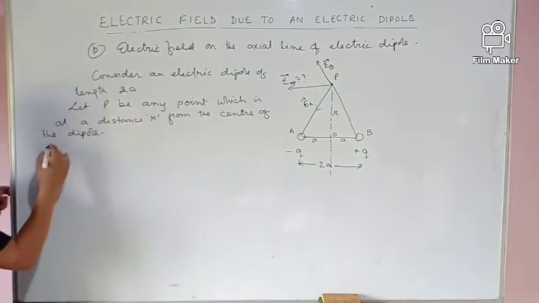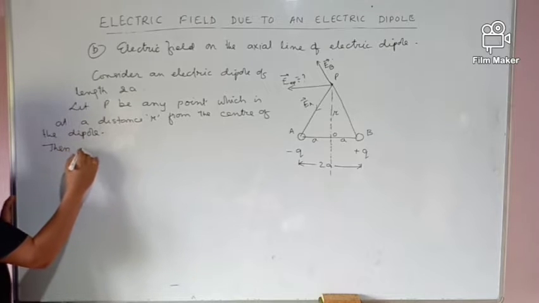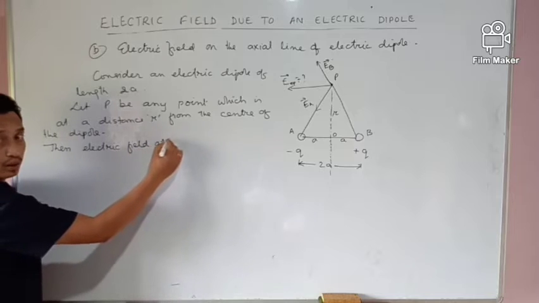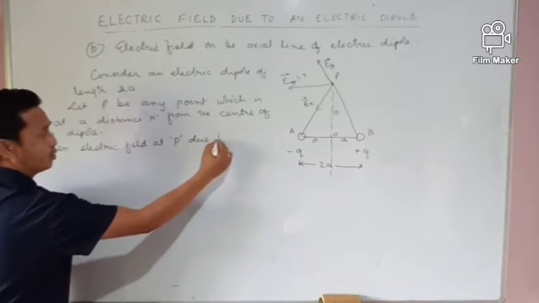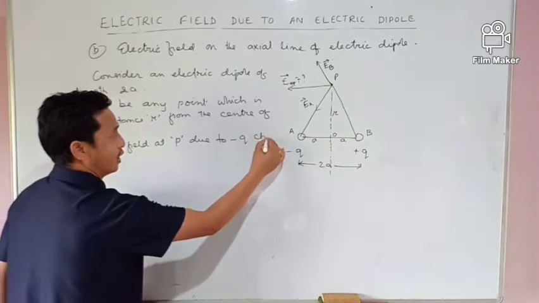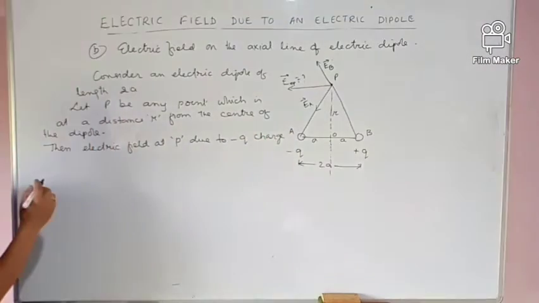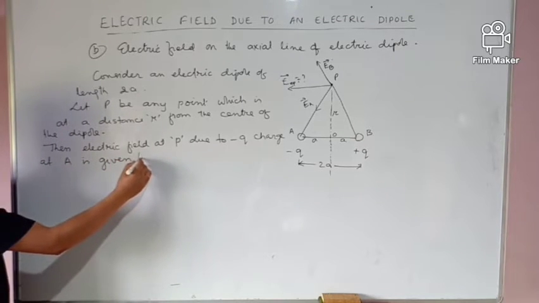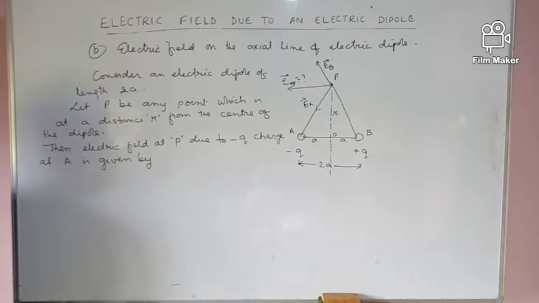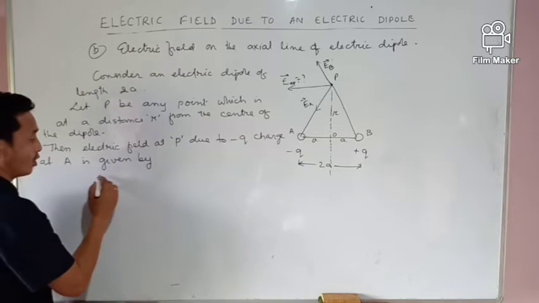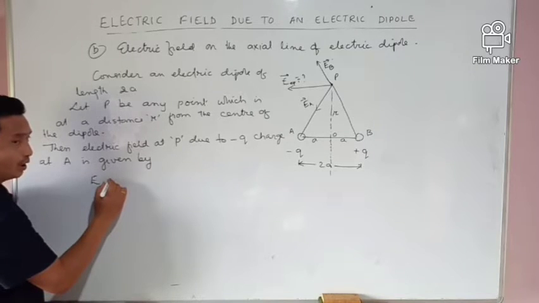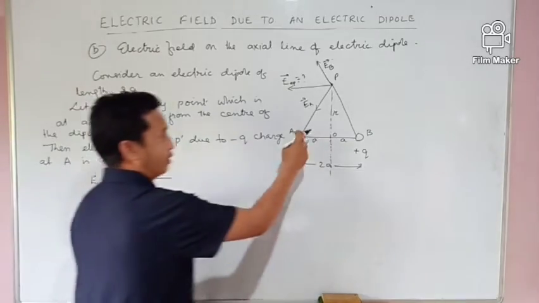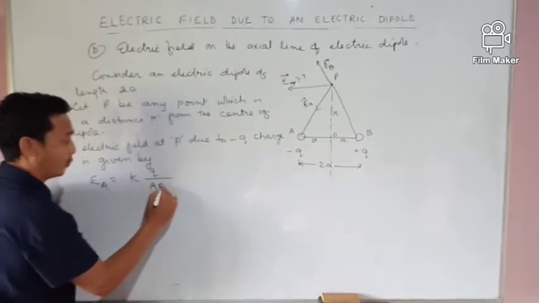Now, then we'll find electric field at P due to minus q charge at A, which is given by EA equals K Q divided by the distance squared, which is AP squared.